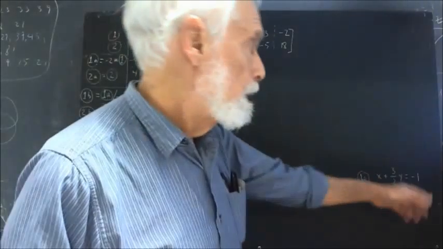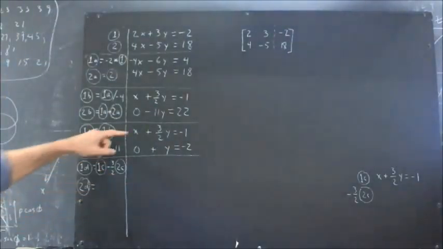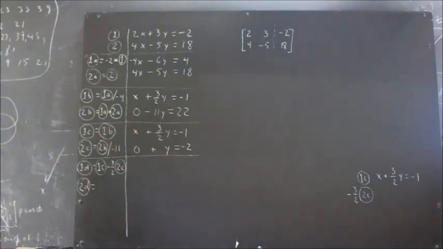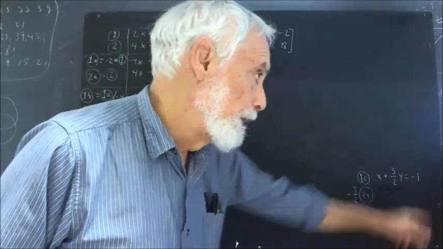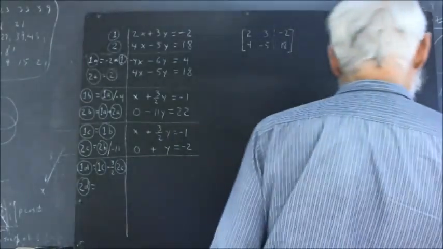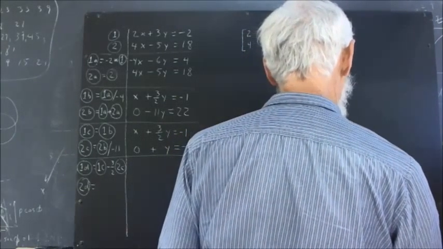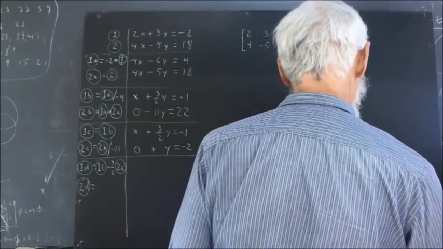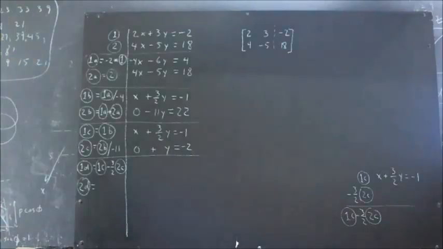Now all the way over here, I've got 1c, my x plus 3/2 y equals negative 1. That's my 1c. And then I'm going to write down negative 3/2 of 2c right under that. And then I'm going to add the two equations. That'll give me 1c minus 3/2 of 2c.